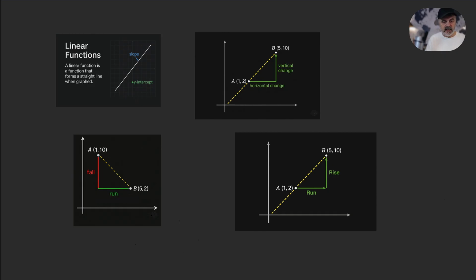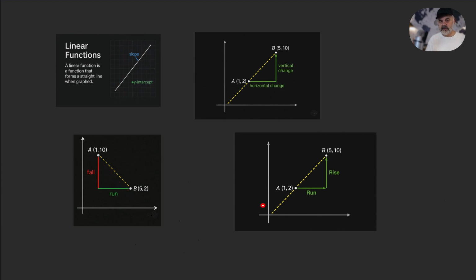But then from 10 to 2, there was a drop in this case, right? The number of units apart is 8, but this is the negative measure because this is the behavior of the line that is decreasing, right, on its domain. The line is decreasing, so the slope is negative.